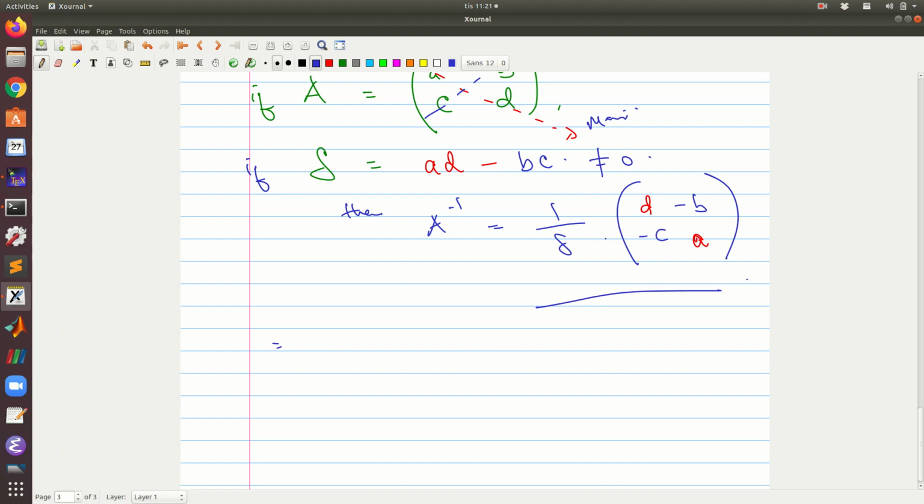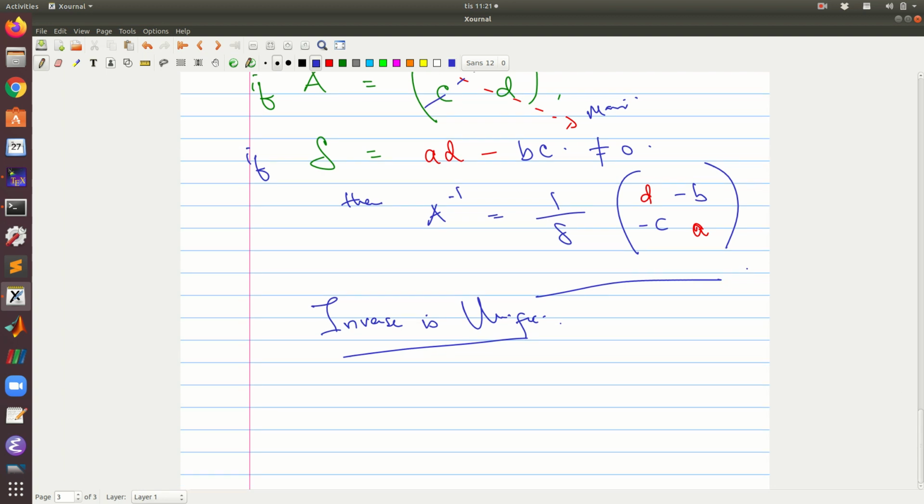What else? Although not all matrices are invertible, when an inverse exists, it is unique. The proof is quite easy.